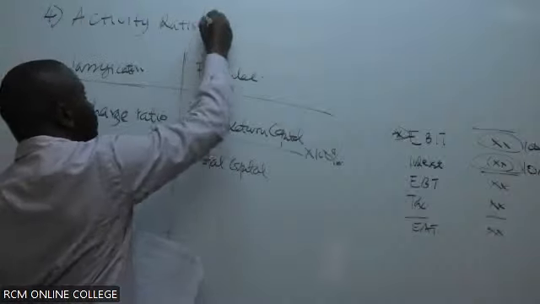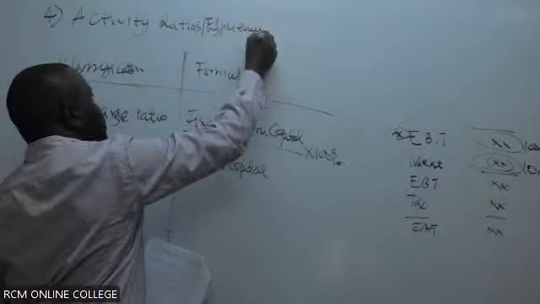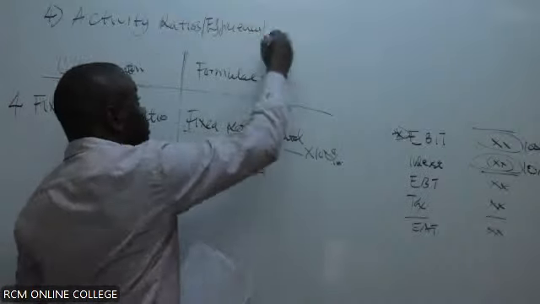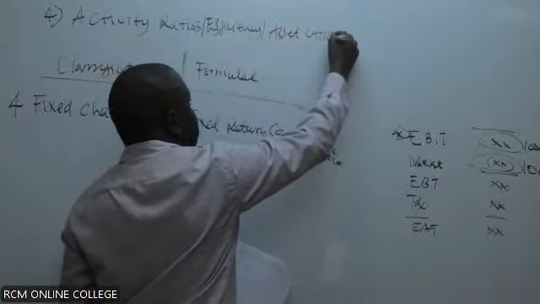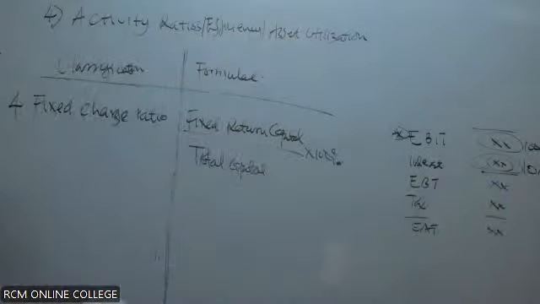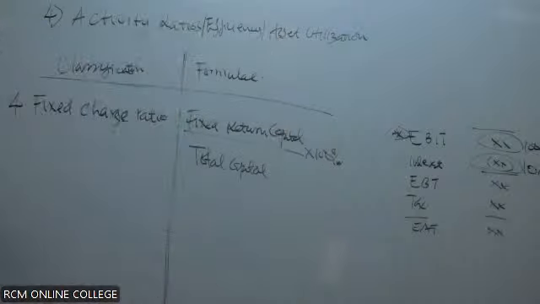There's a number of names: efficiency, maybe you can refer to them as asset utilization ratios. So this category can be named as activity or efficiency. How efficiently are you utilizing your assets, or the asset utilization ratio?